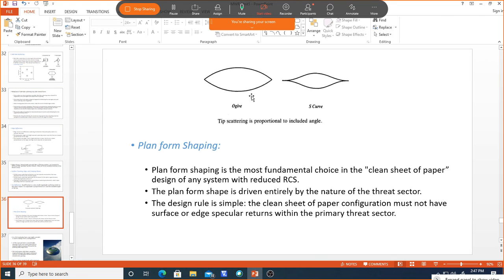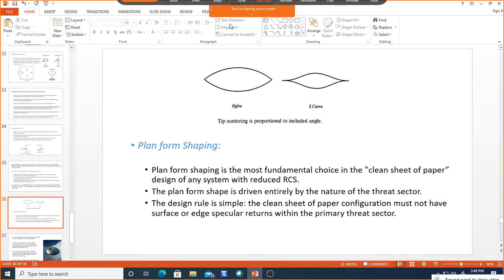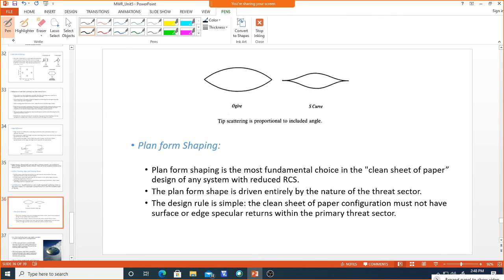Okay, so this is actually called the included angle, okay. So this we'll call the included angle. Now this included angle you can go on reducing, so this will become sharper and sharper. By making this sharper, we can reduce the backscattering.